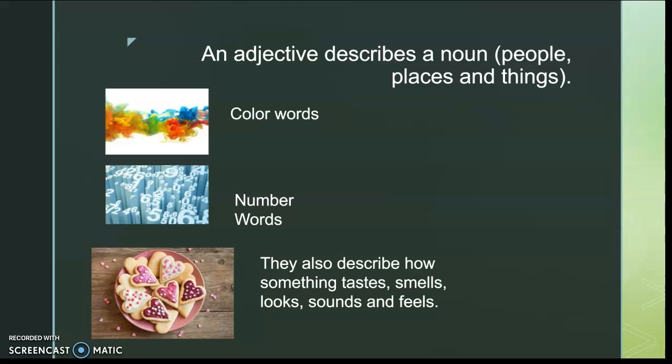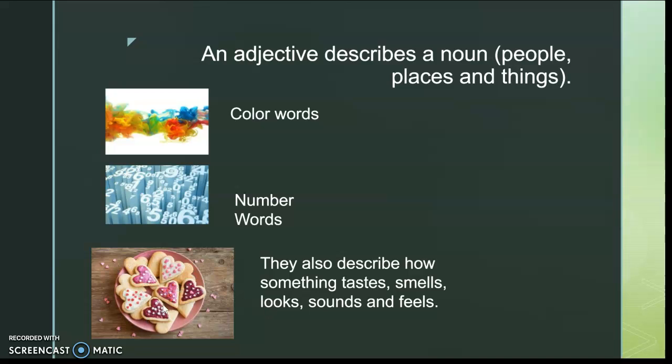Delicious would be describing the cookies. Taste terrible. Maybe people don't like the taste of cookies. Maybe it tastes sour depending on the ingredients. Maybe it tastes bitter, especially if you used unsweetened chocolate. Maybe this cookie smells sweet. Maybe it smells hot. Yes, you can smell some heat.